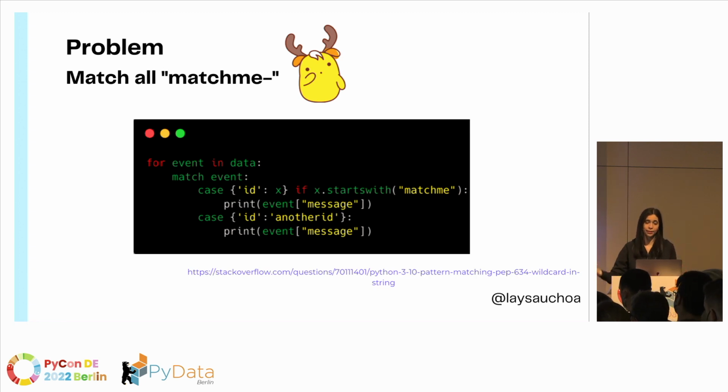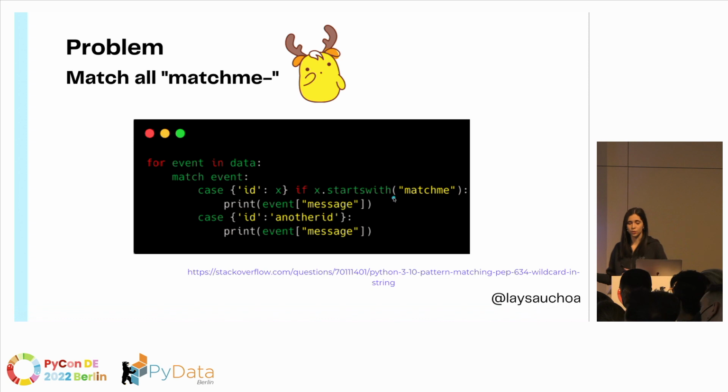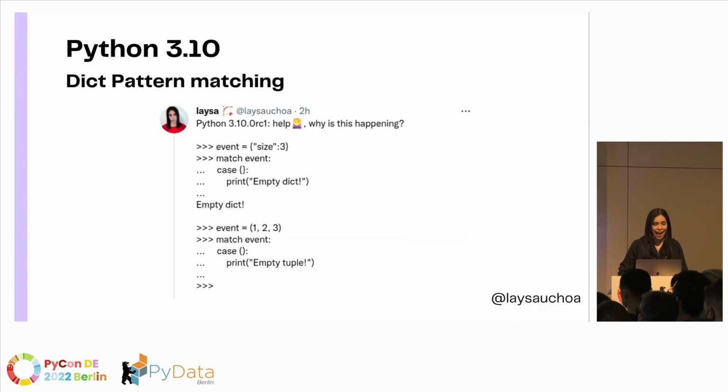How can you do that? You use a guard. We bind to x, and we check if x starts with matchme. And we don't need to say everything, right? But you see how cool this is? Because we are mixing things from the Python standard library that we can use in a guard. So this is a great example. I hope you can use it if you have this question. Oh, it's already answered, by the way.